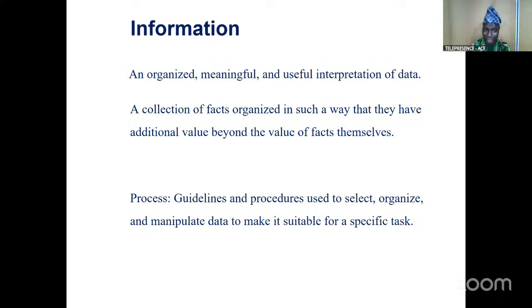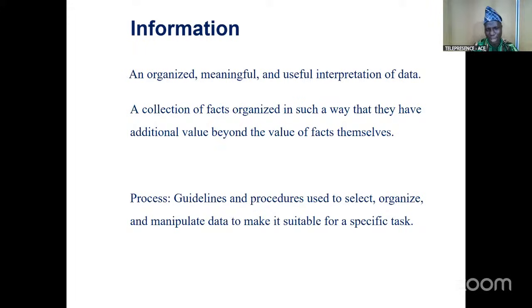So data that is organized meaningfully and that is useful, which can be interpreted in a useful way, is called information. A collection of facts organized in such a way that they have added value beyond the value of the facts themselves.